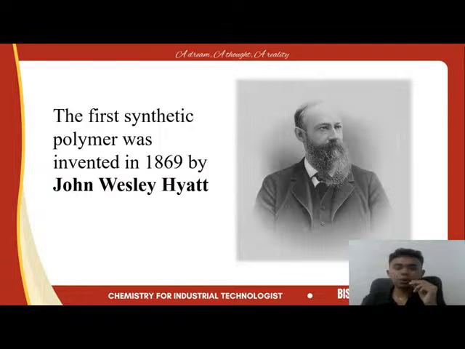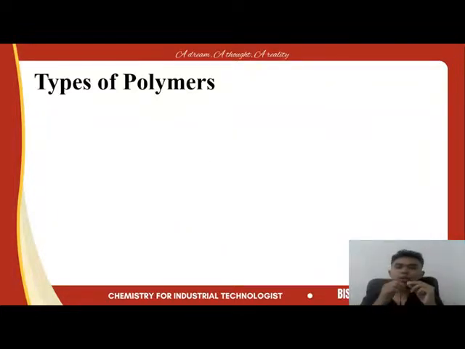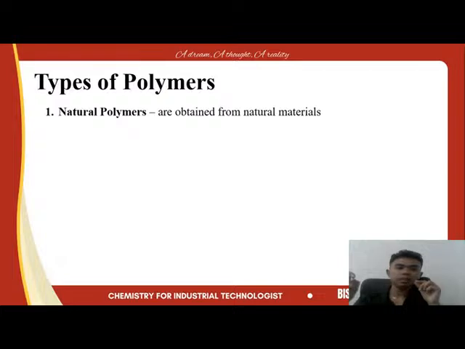This time, let's talk about the types of polymers. There are different types of polymers, aside from the main classification, which is homopolymer and copolymer. We also have the so-called natural polymers.